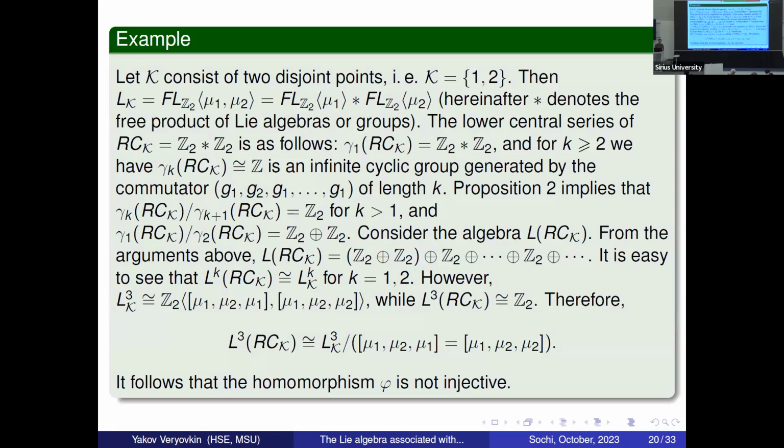Okay, we have an example showing that this is not injective. We calculate this example, and we have: L(K) for two disjoint points is isomorphic to the graph algebra, the free algebra on two generators, factored by this relation, because this is not an injective homomorphism.